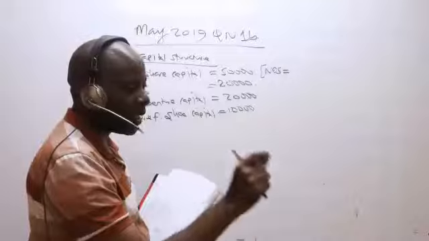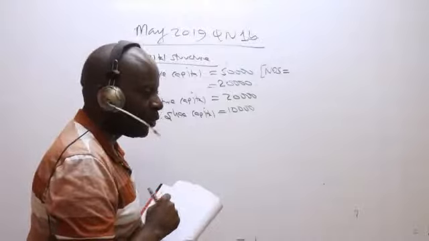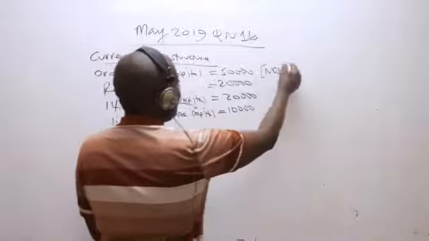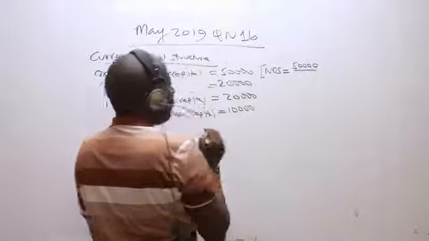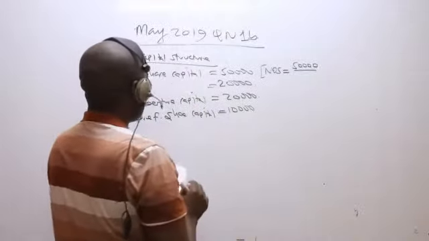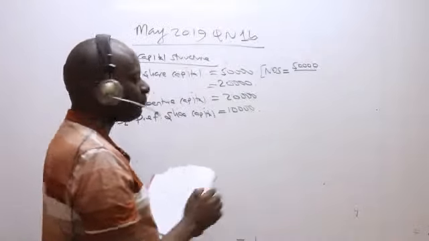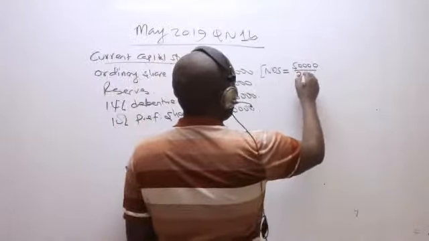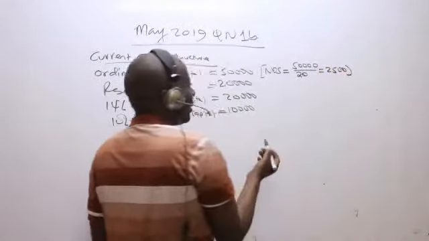You take the share capital given, 50,000, you divide this by the par value. Have they given us the par value? Par value of this share capital, yes, 20. So somebody is giving me 2,500. Thank you very much.